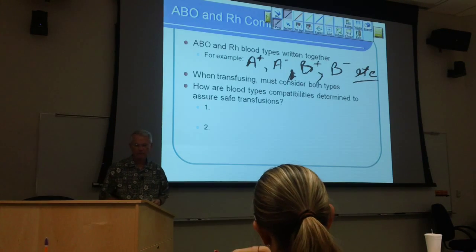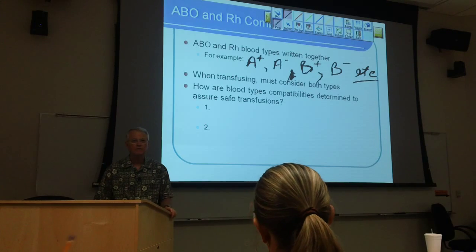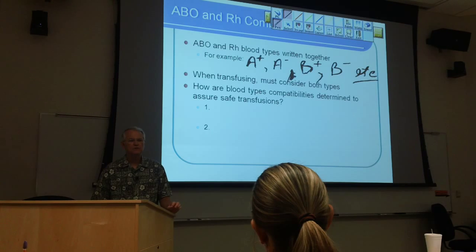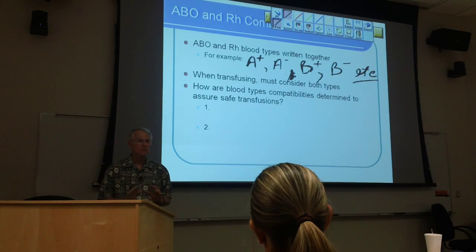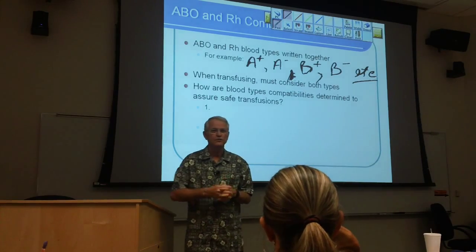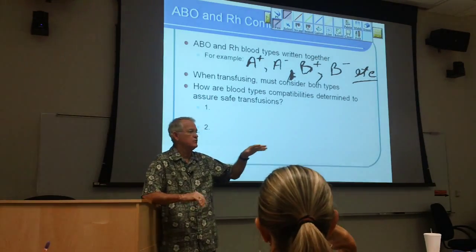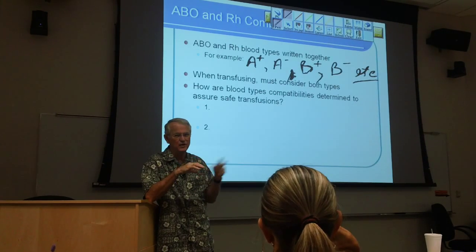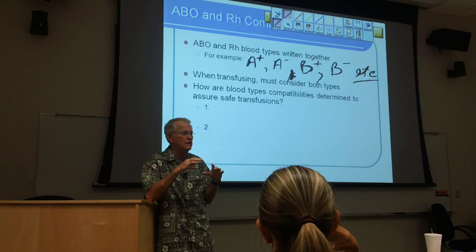So O negative can donate to everybody, positive, negative, A. Yeah, O negative can give to anyone. It's quite some valuable blood to have. The reason you can give it to anyone, you not only are you to know these things, you must understand why you can donate certain bloods or receive certain bloods, okay?